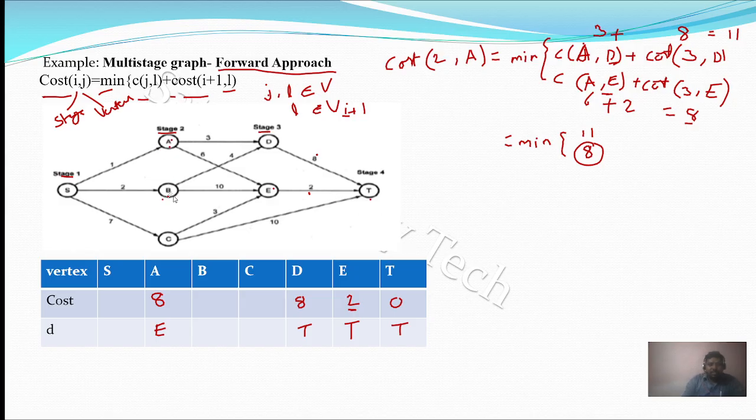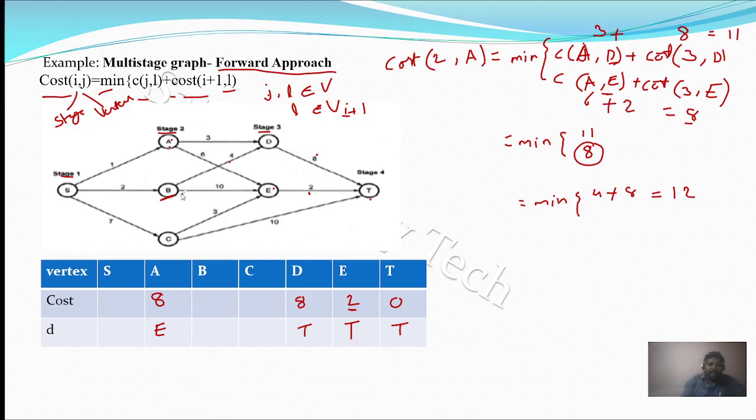Next, in the same way, here also you can find out B to D, B to E. So directly I can find out here without using the formula. Here you can see B to D is 4, so that is equal to the minimum of 4 plus the cost of D, which is 8, that is equal to 12.